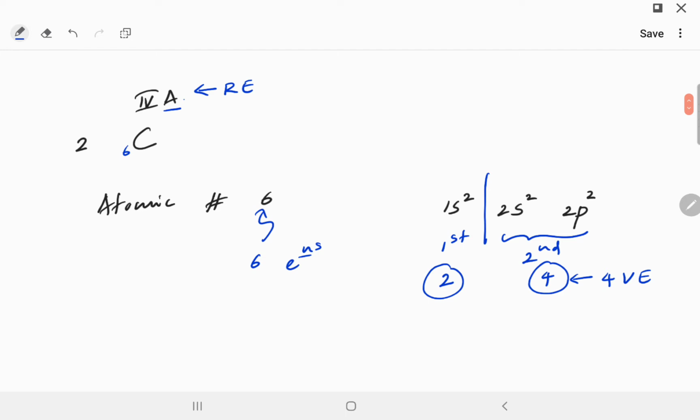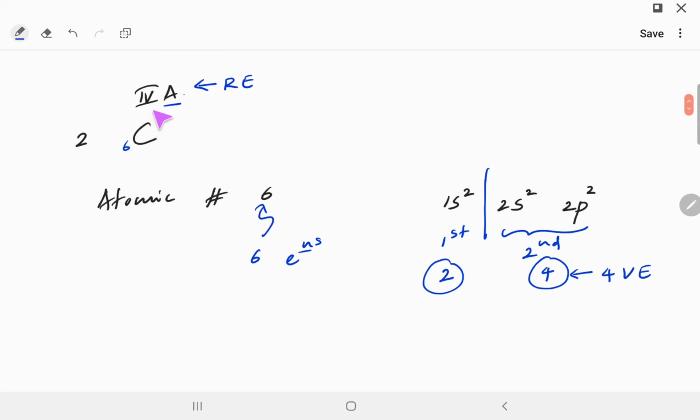In representative elements, the group number, which is 4 in this case, is equal to the number of valence electrons. So carbon's group number is 4, and therefore it has 4 valence electrons.